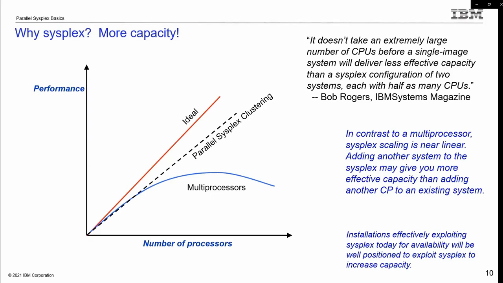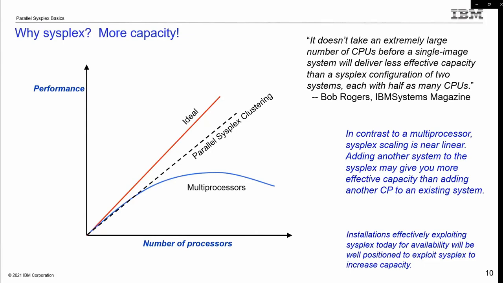And so it doesn't take a very large number of CPUs before a single system image will deliver less effective capacity than a Sysplex configured of 2 systems, each with half as many CPUs. Or, let's do it again, a Sysplex of 4 systems, each with a quarter of the CPUs, can do even better. And so you get near linear increase in the processing power when you use parallel Sysplex, as denoted by the dotted line.